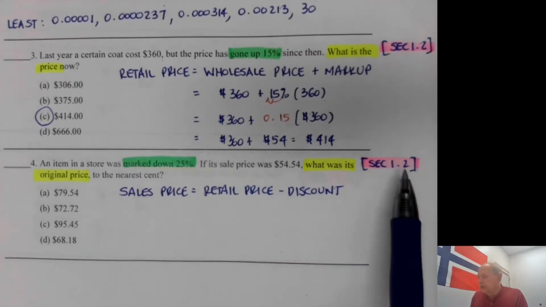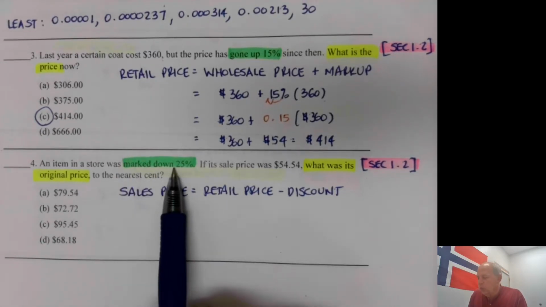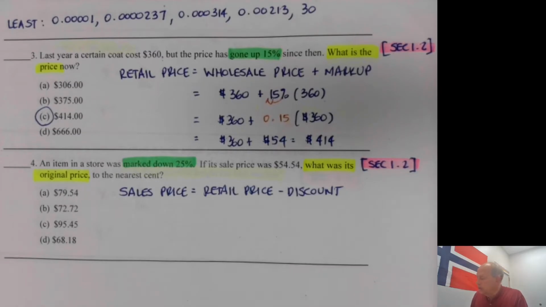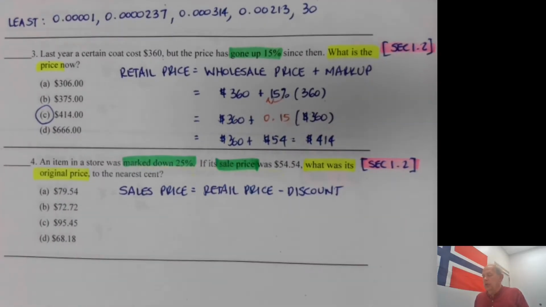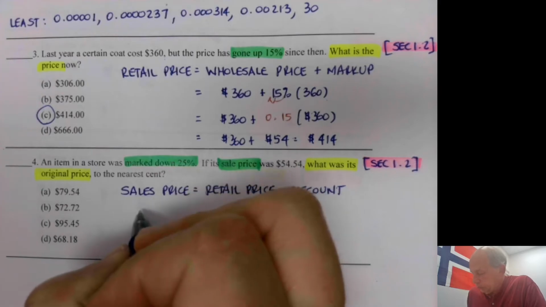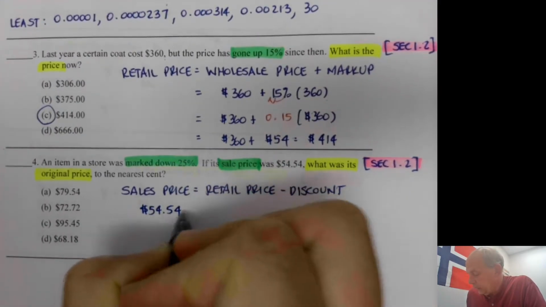Same for number 4, section 1.2. What is the original price or the retail price? I see the word markdown. I see the words sales price. I have all sorts of clues to what formula I'm going to go with. So the sales price of this item is $54.54.